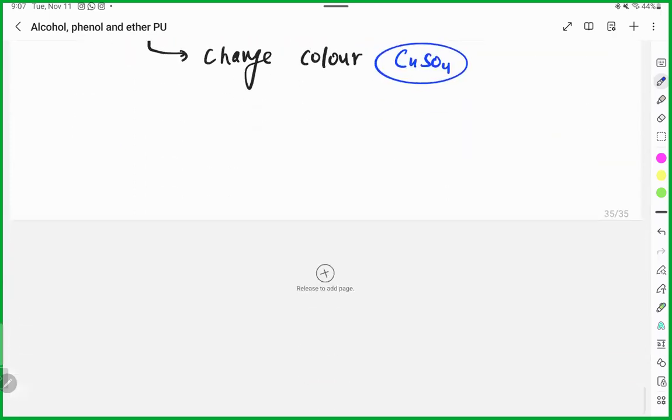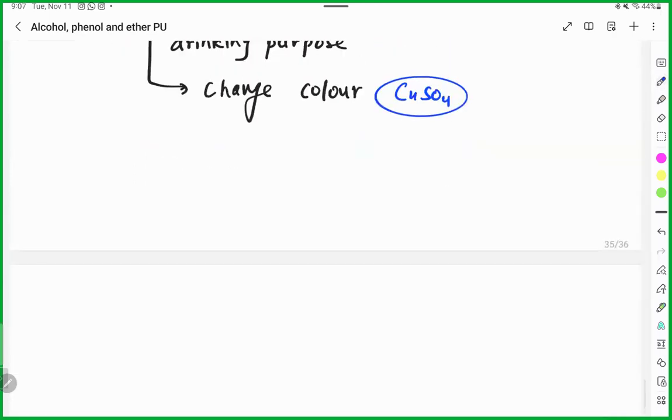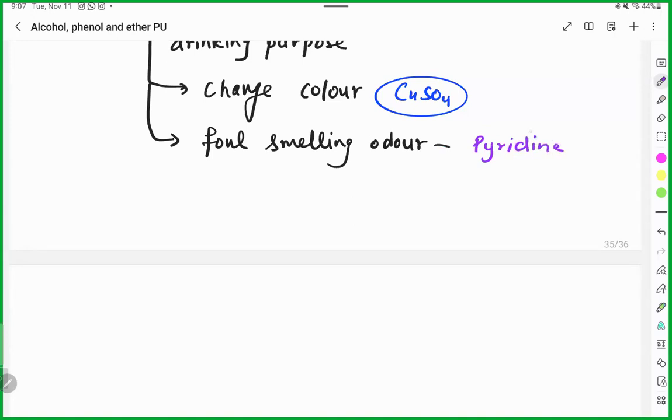You can make a bad smell. People know the smell of alcohol, but if you make it a very bad, foul smell, people will not use it. How to make a foul smell? Using pyridine. Pyridine will change the smell.